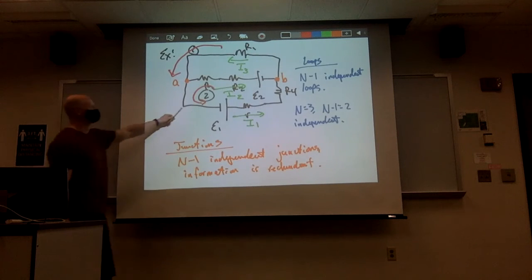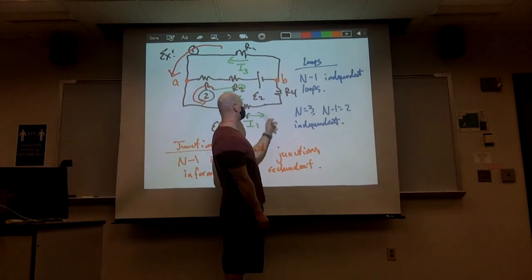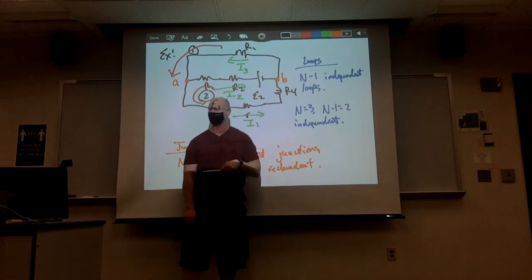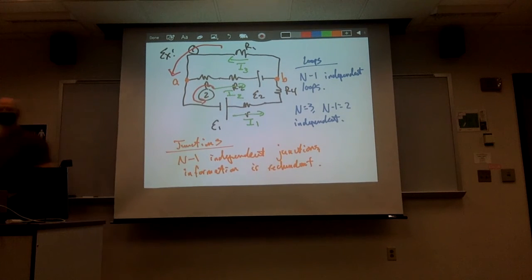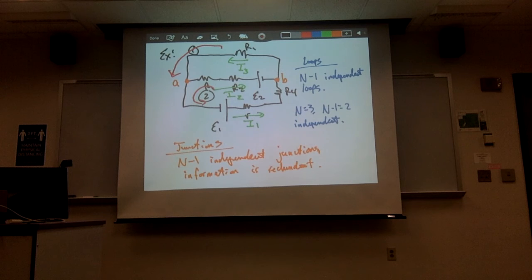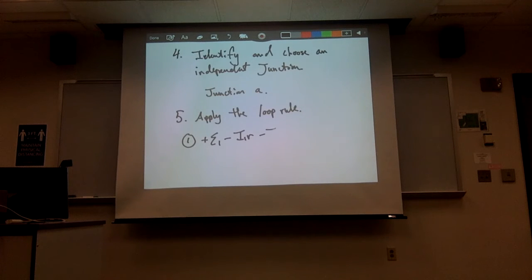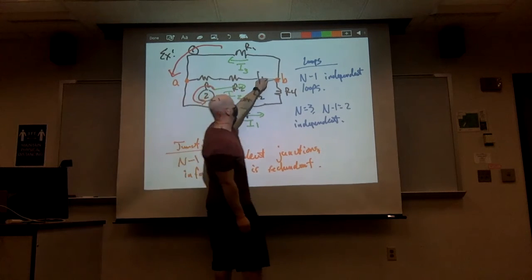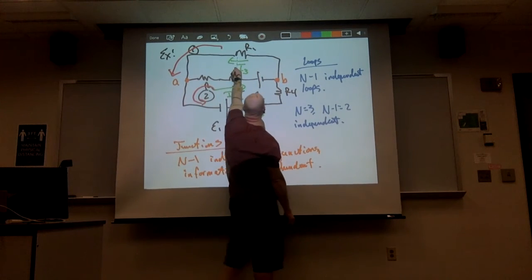Next, I keep going. Next thing I run into is R4, which has I1 going through it. I'm going across the resistor in the same direction as the current. So is that positive or negative? Negative. Good. So I'm going to get a negative I1R4. Next thing I come into, so I'm going to bypass the junction, go off to the top. I'm going to run into this resistor.